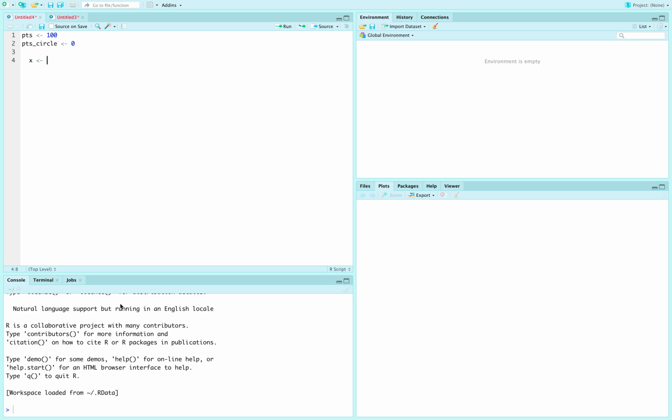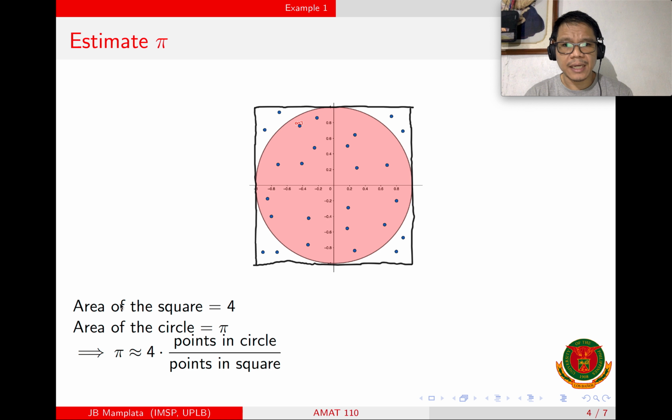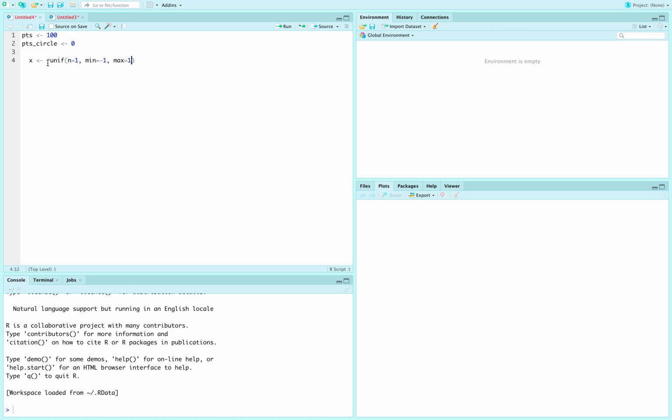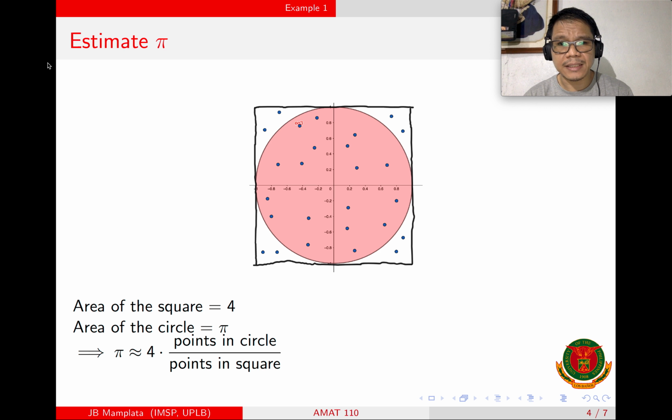So yung x coordinate, we will define it as runif, n equals 1, minimum equals -1, and maximum equals 1. So ibig sabihin, pumipili tayo ng x coordinate between -1 to 1. And when we say runif, we are assuming that x is uniformly distributed over the interval -1 to 1.